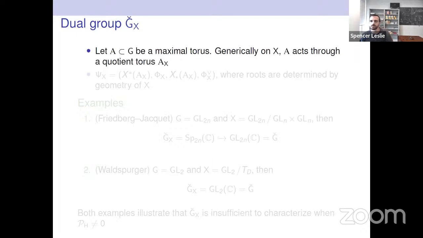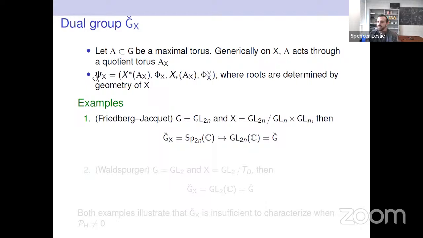I'm just thinking about the group G as an algebraic group, and let A be a maximal torus in it. Then generically on X, so maybe A fixes a particular point, but if we delete certain divisors, then A acts through some quotient torus on the variety X. We'll call that quotient A sub X. Then this root datum that I mentioned on the previous slide is associated to that torus.